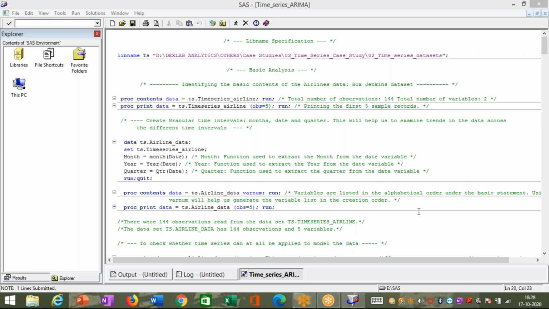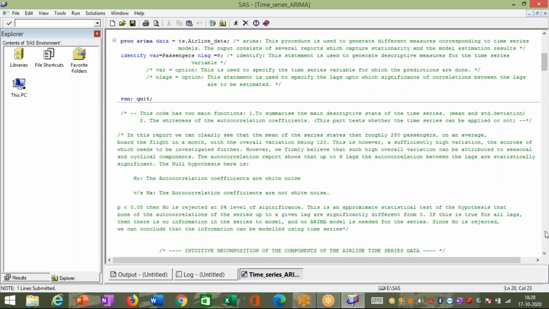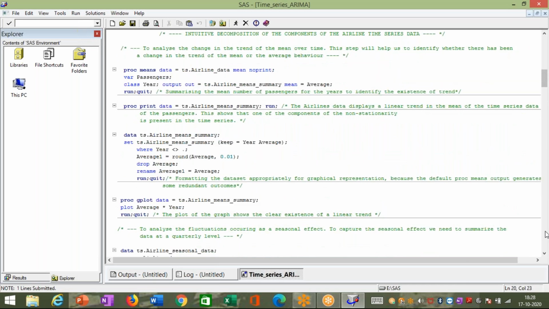Now, in today's discussion, we'll see how we can remove that trend and seasonality from the data. That's the part of the discussion that we will be having today. So very quickly, we'll want to understand how exactly this can be done.